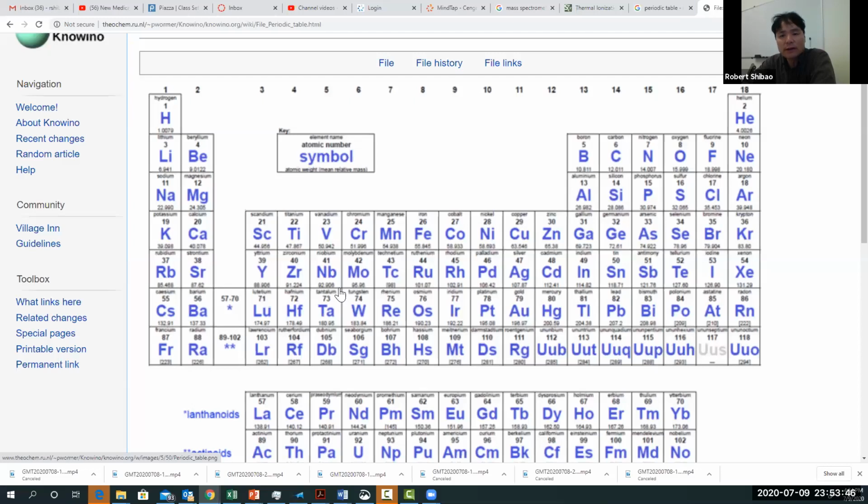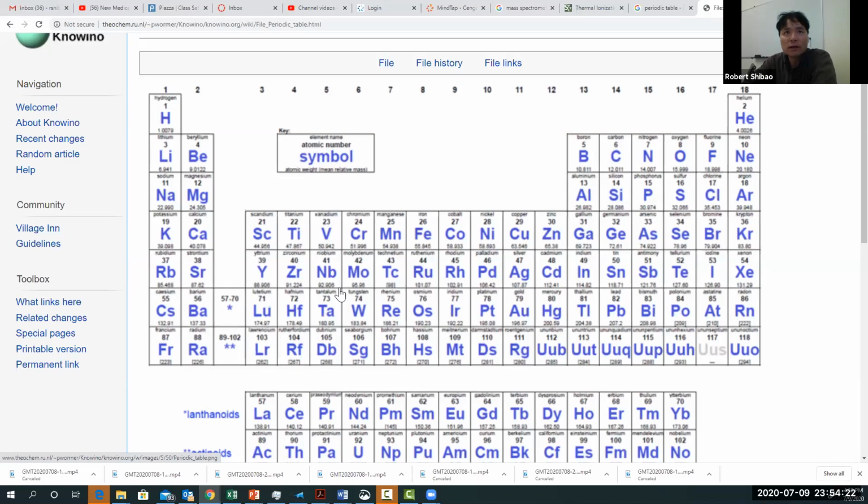If it loses 1, how many does it have? Yeah, it has 10. Well, neon has 10 electrons. Potassium has 19 electrons. If it loses 1, it has 18 like argon. Rubidium, 37. If it loses 1, it's 36. Cesium is 55. If it loses 1, it's 54. And so what happens is it's losing an electron, so it ends up with the same number of electrons as the noble gas. This is stable here.